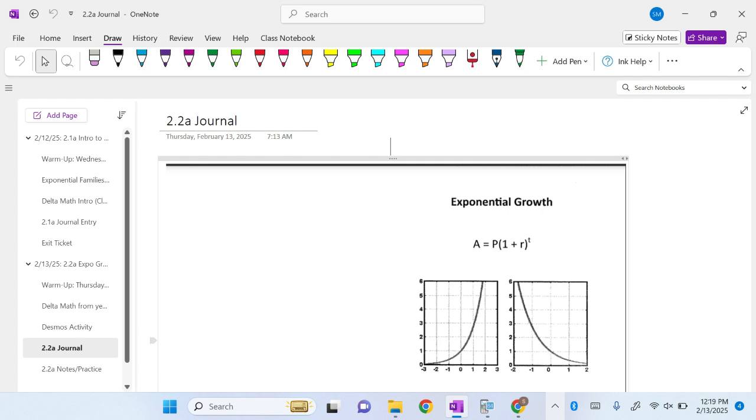First off, you do have an I can statement for this, so just write this at the top of it if you have room.